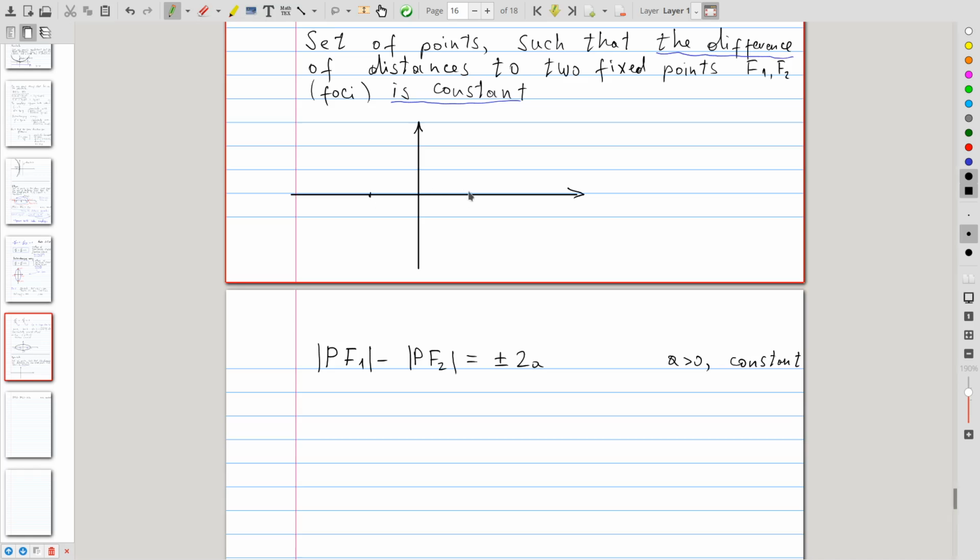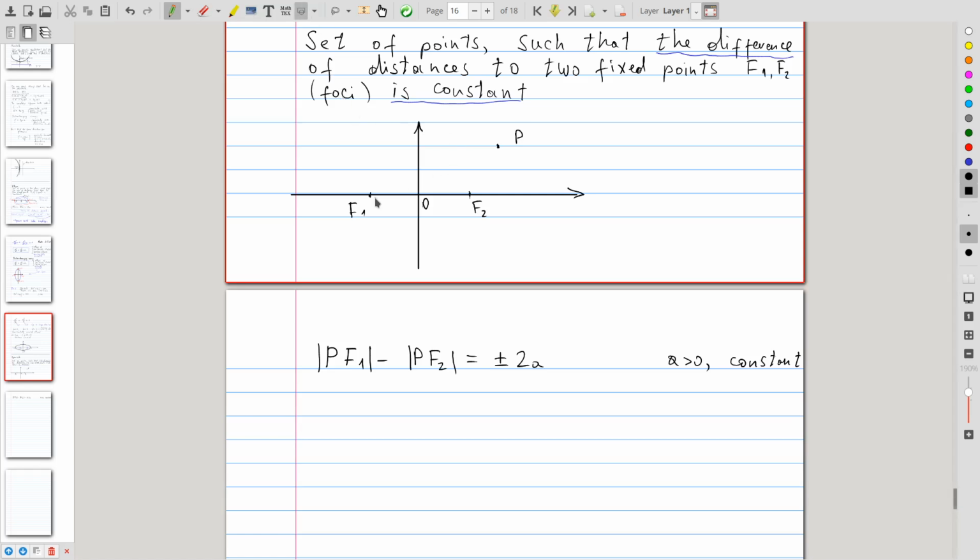We have two foci, F1 and F2, like so. Again, we place our system of coordinates so that the foci are symmetric with respect to the origin. Let's say you have a point P somewhere here. It will be, of course, closer to the second focus.